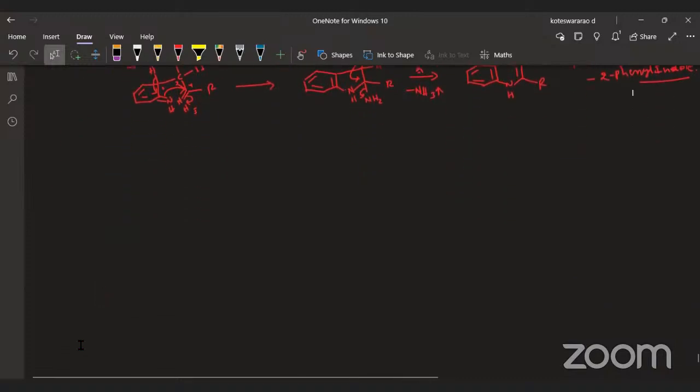We have several such syntheses, such as the second one, the Madelung synthesis.